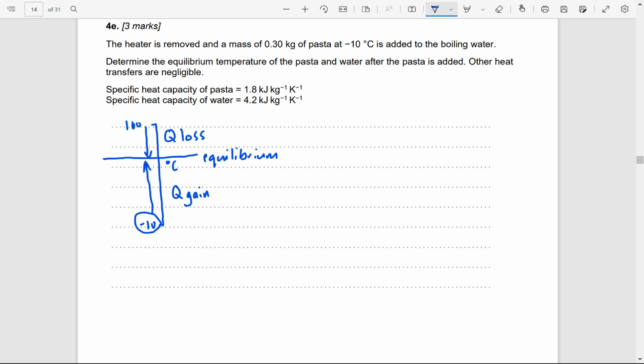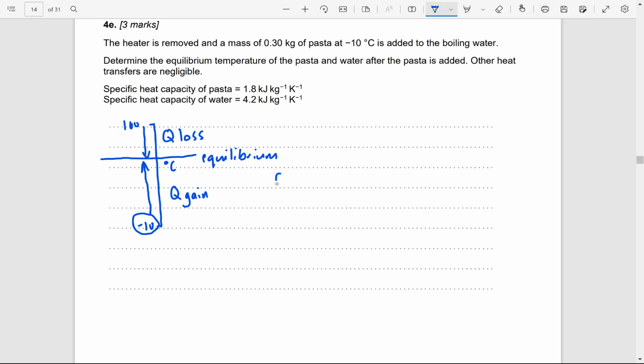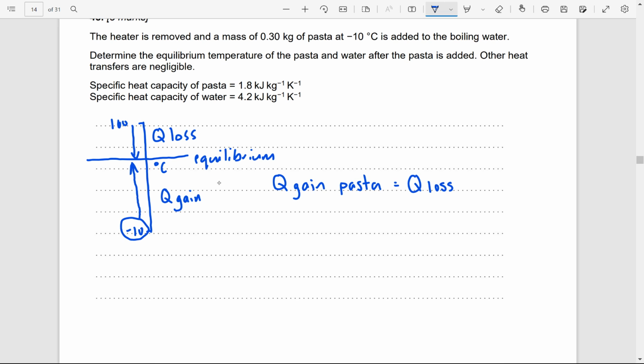So, in order to answer this question, we say the gain in pasta energy equals the loss in the water energy.